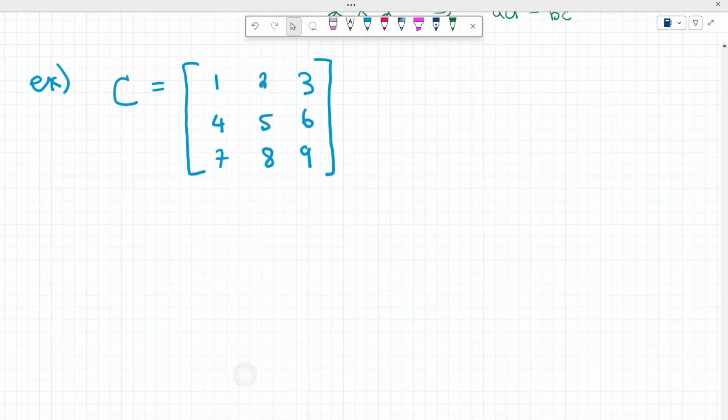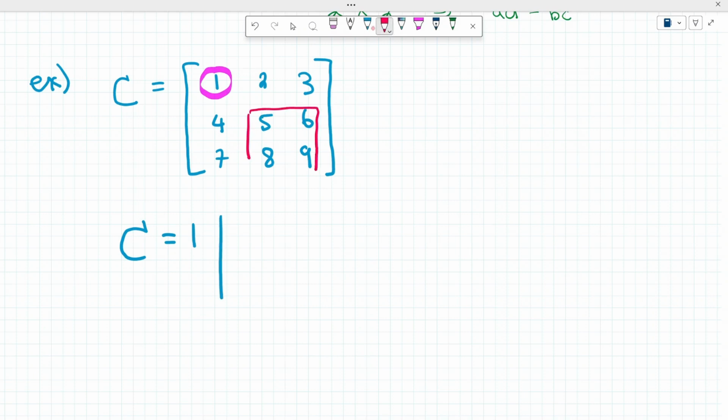So our determinant of C equals our first entry, which is 1, multiplied by the determinant of our minor matrix here: 5, 6, 8, 9.